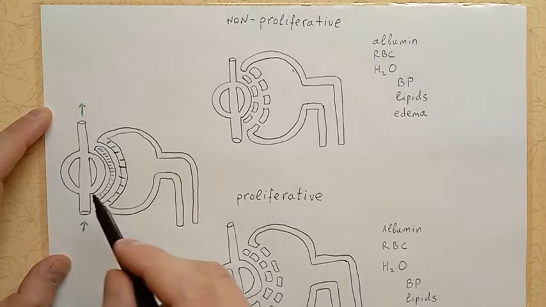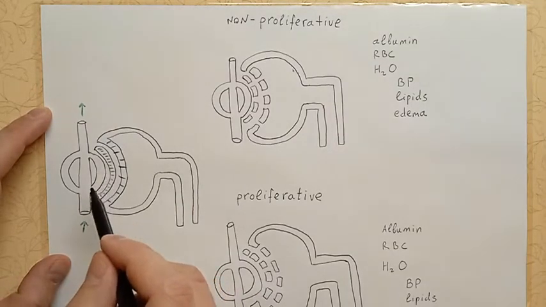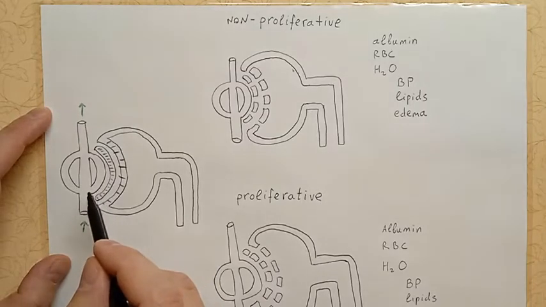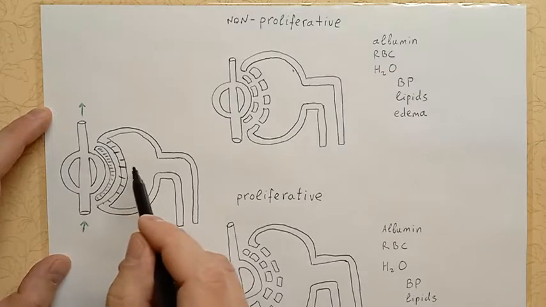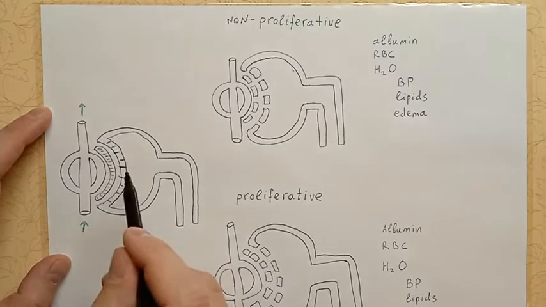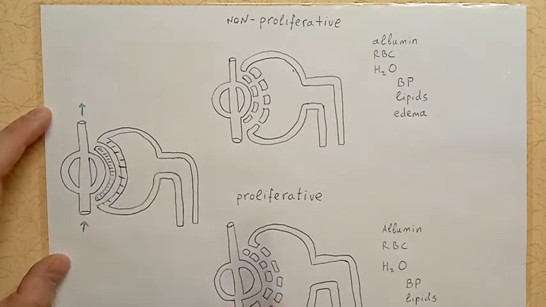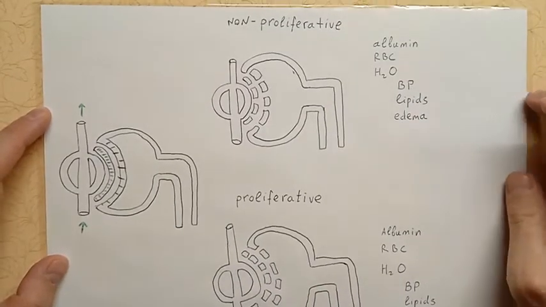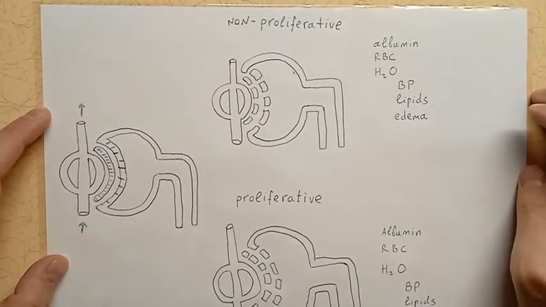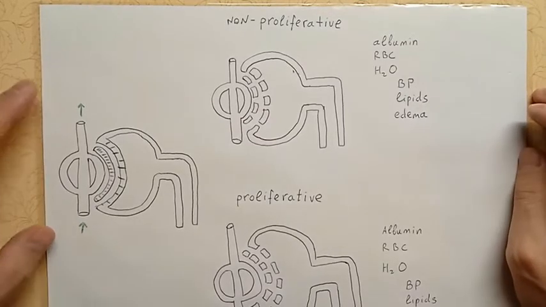So in a normal state, about 600 milliliters of blood are going here, but only 120 milliliters of blood and dissolved substances are filtrated. That's the normal state. If a patient has glomerulonephritis, an autoimmune inflammation, what happens?